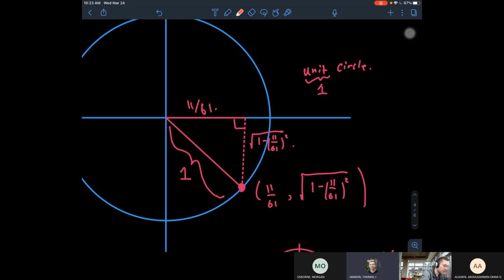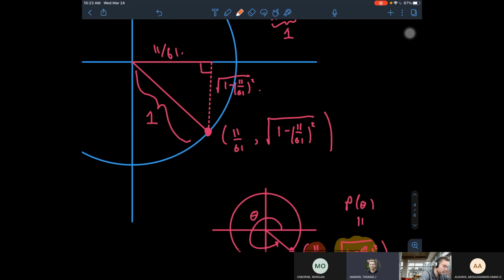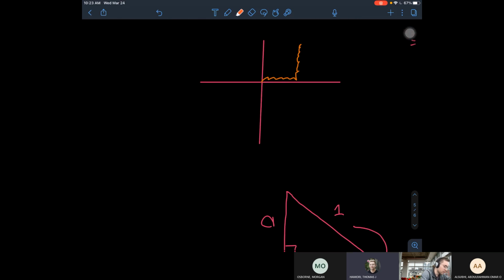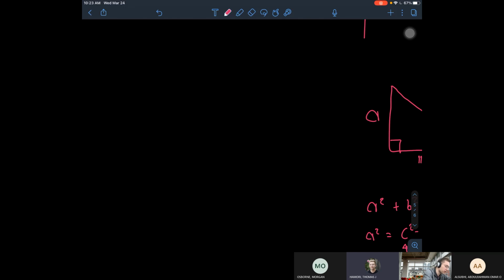And then, once we know the lengths of the sides of this triangle, we should rely on the definition of the trigonometric functions, which were as follows.